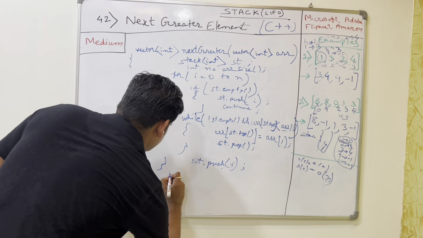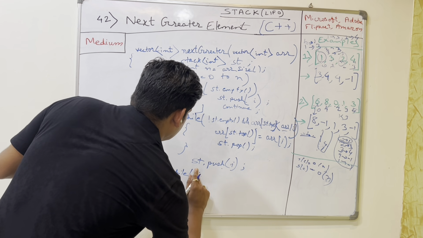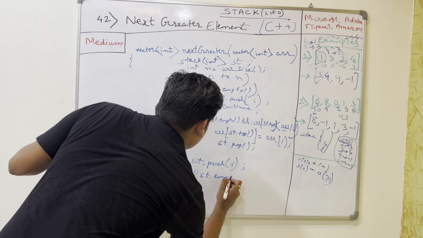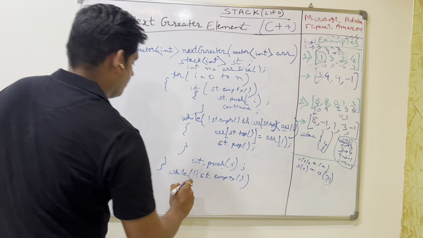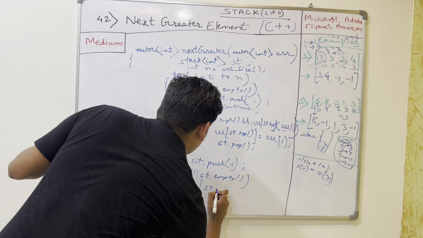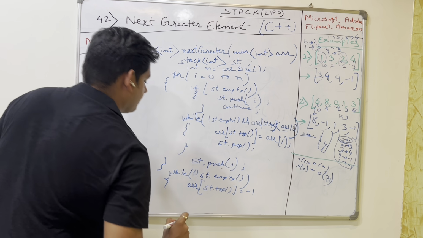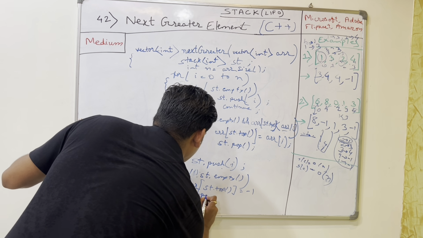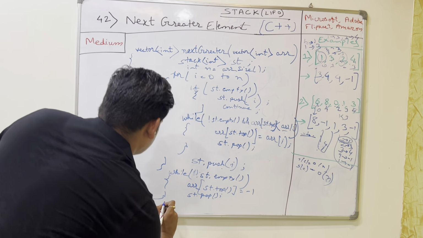Now we see while the stack is not empty, what do we do? We insert array of stack.top as -1 because there is no next greater element for that, and then we'll pop them so that all the elements get their next greater element, and then we return the same array.